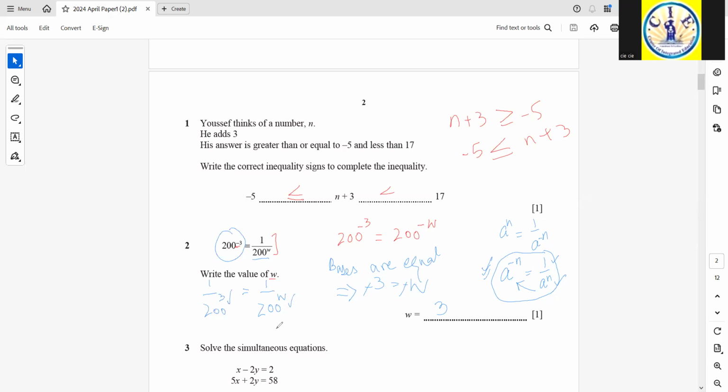Now again we can compare them. So comparing them, we get 200 raised to power 3 equals 200 raised to power w, and again, since their bases are equal, we conclude that 3 equals w. So in both the cases, we get the same answer.